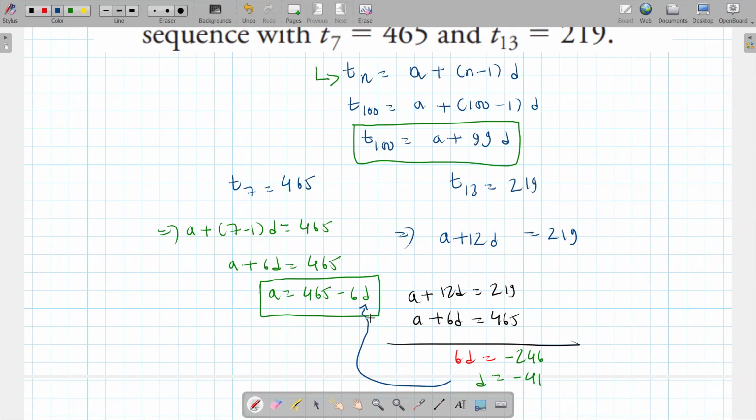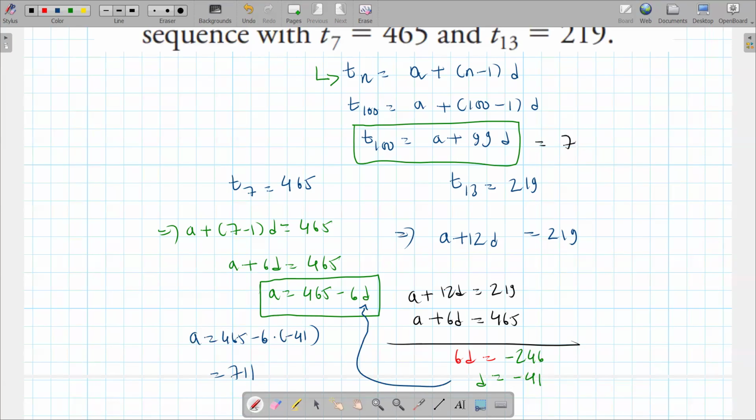Just plug it in there. That means A is 465 minus 6 times negative 41. So that'll be plus 41. So 465 plus 6 times 41, 711. So A is 711, and now we can finally answer the question.